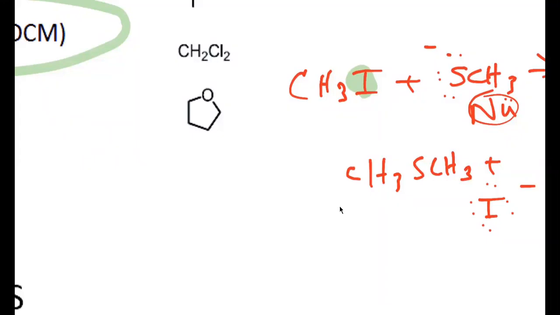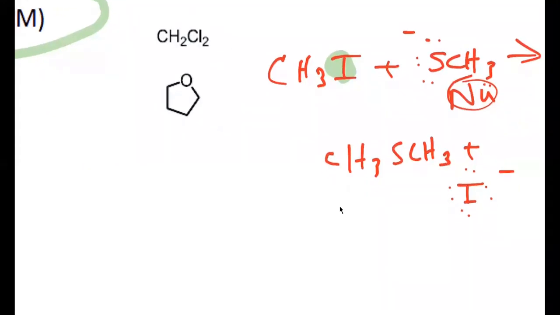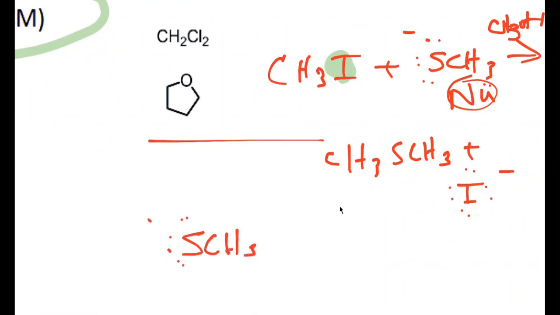If you were to run this reaction in, let's say, methanol, because all your alcohols are what we call protic, then my sulfur nucleophile will get surrounded by protons.